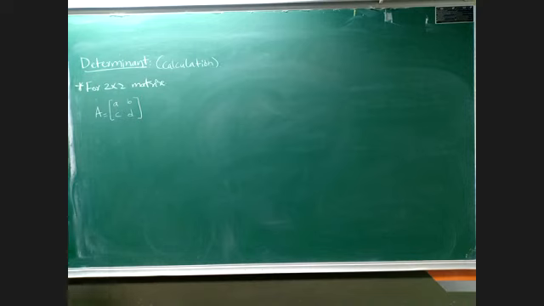In this case, to determine the determinant, we just need to multiply crosswise, in a cross way. Suppose I'm taking two different color chalks. By these colors you will understand more easily and you will not forget.